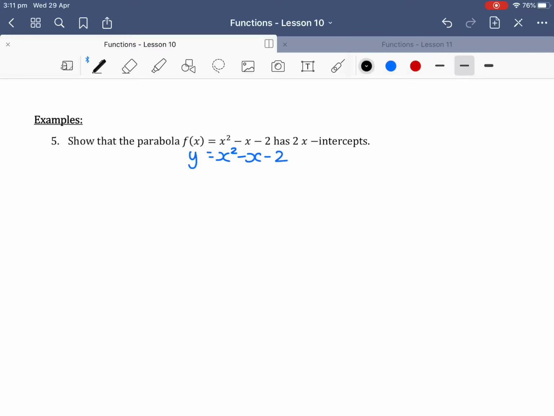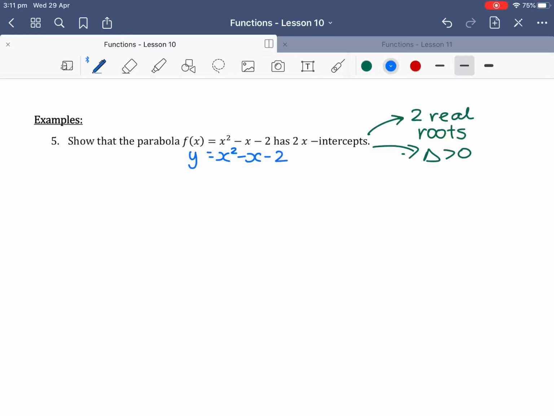When it has two x-intercepts, this means that we'll have two real roots. And when we have two real roots, it means that our discriminant is going to be greater than 0.